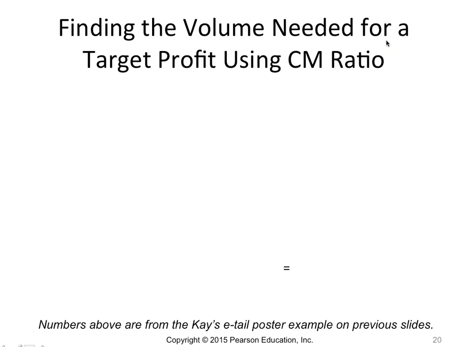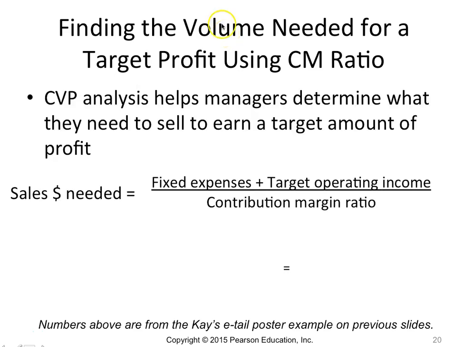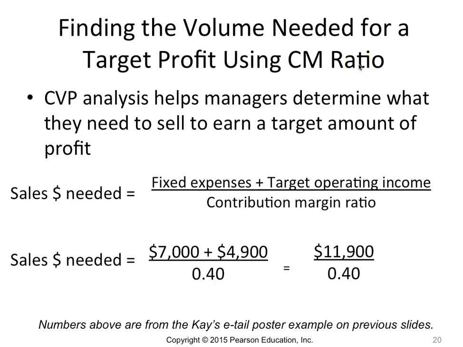So using the CM ratio to find a target volume, sales dollars needed equals fixed expense plus target operating income divided by contribution margin ratio. So same idea. It's very similar to the one we just talked about. The only difference is we're going to use the contribution margin ratio to do the calculation. So see here.